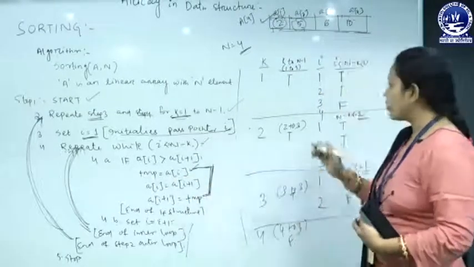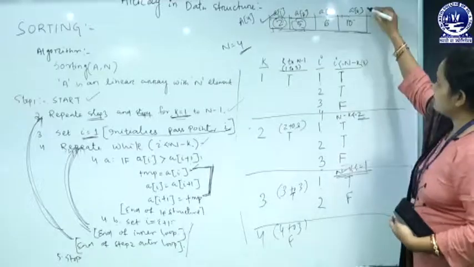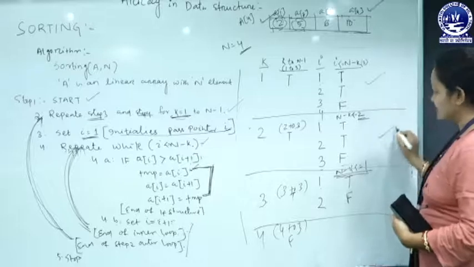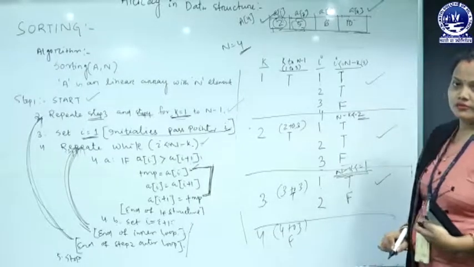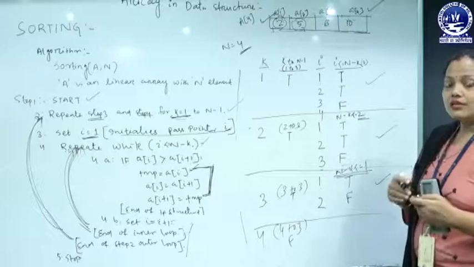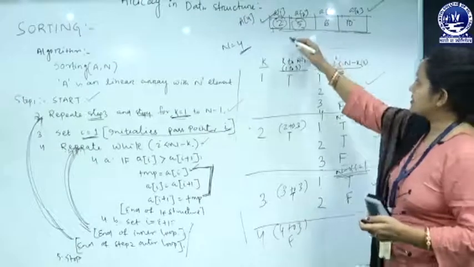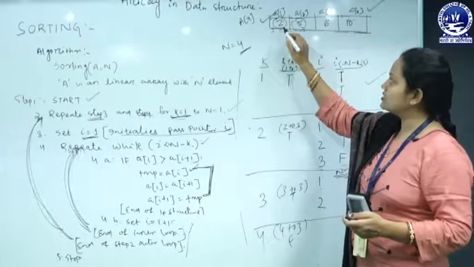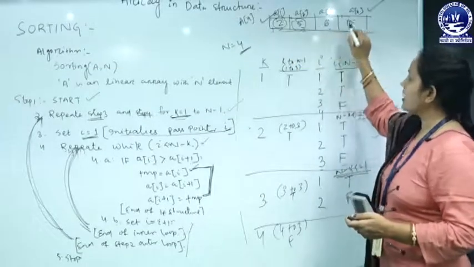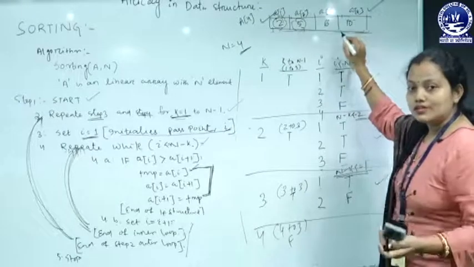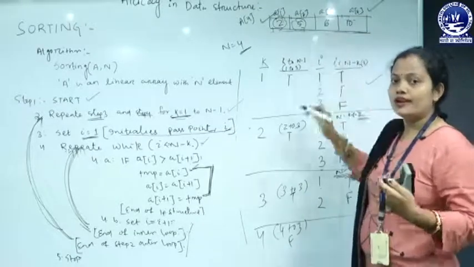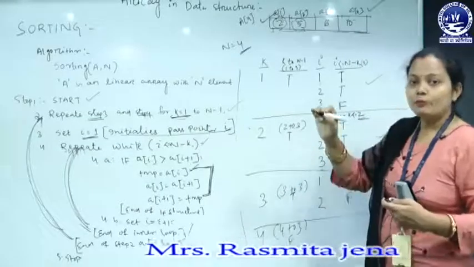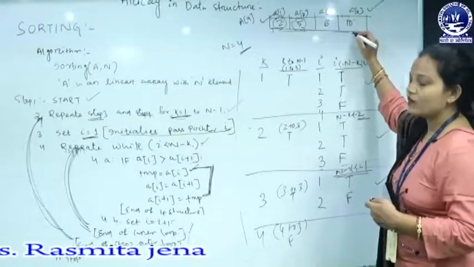You can see if the size of the array is 5, then we need 3 passes to sort the elements. When we sort the elements, they are sorted in increasing order. That means the sorted array is 2, 5, 6 and 10. In bubble sort, when arranging the elements in a linear array, the largest element is placed at the largest index of the array.